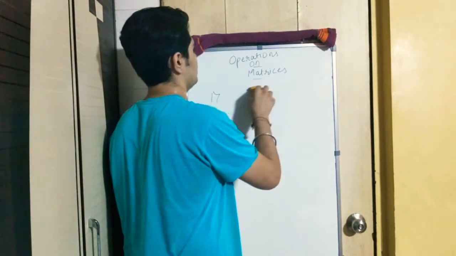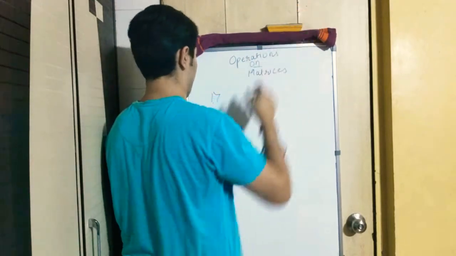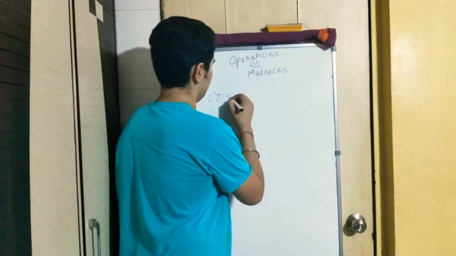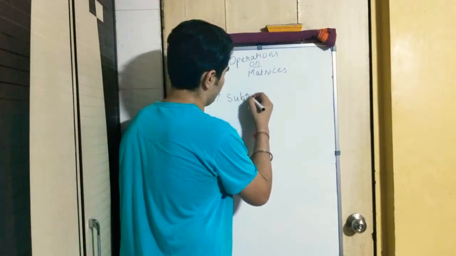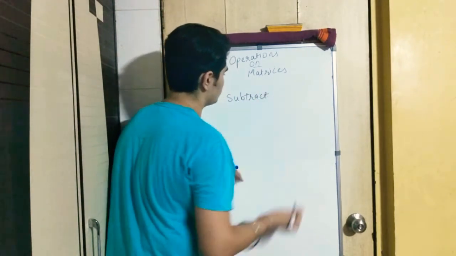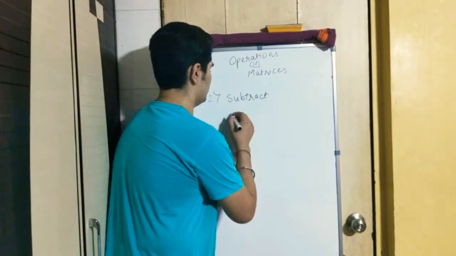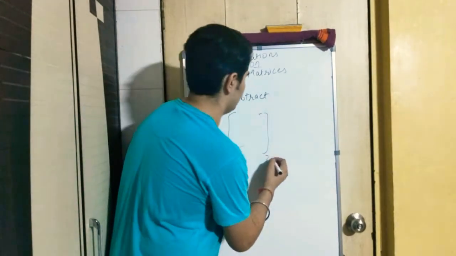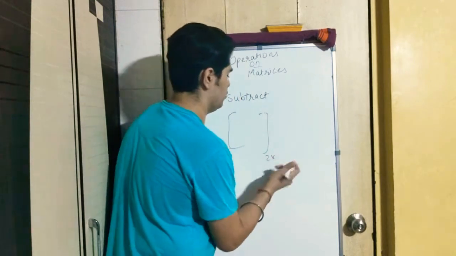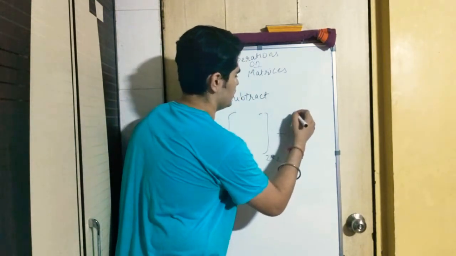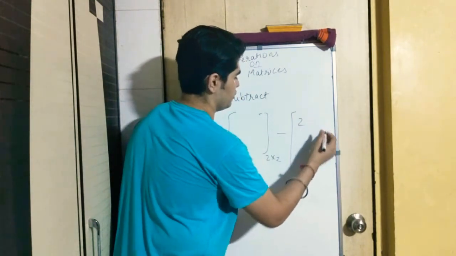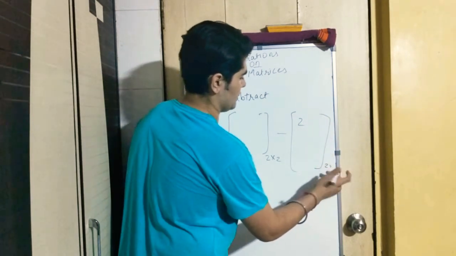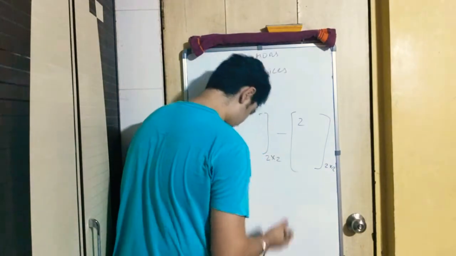Subtraction works the same way. How to subtract two matrices? Again the order of the matrices should be the same. If I am taking 2 into 2 here, it should be 2 into 2 here also.